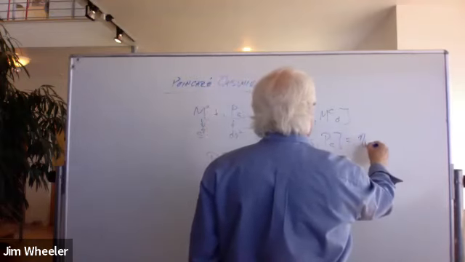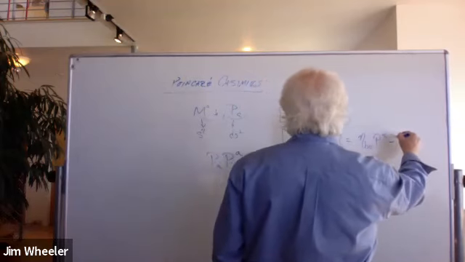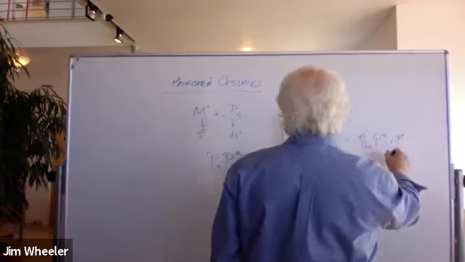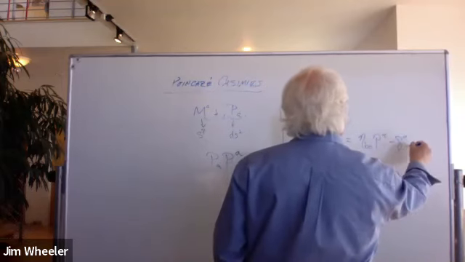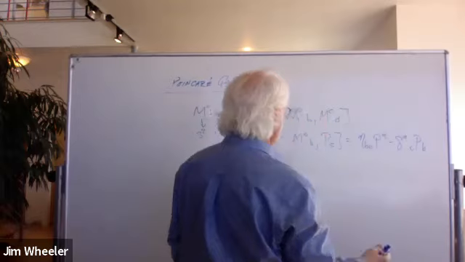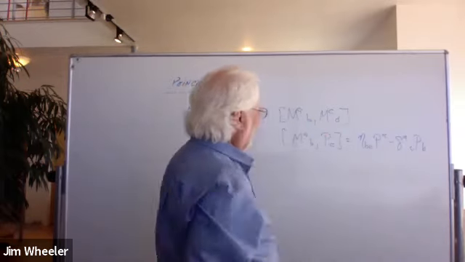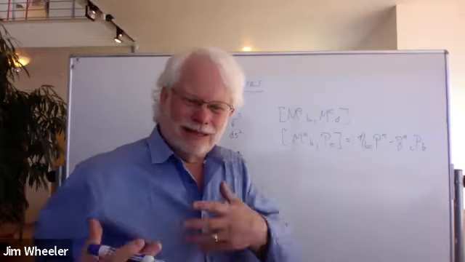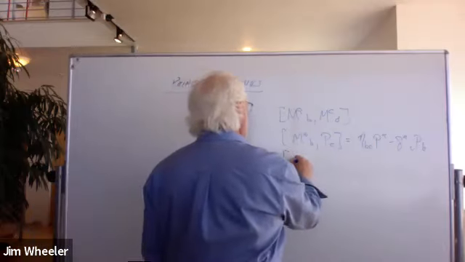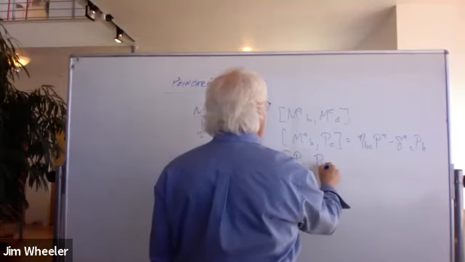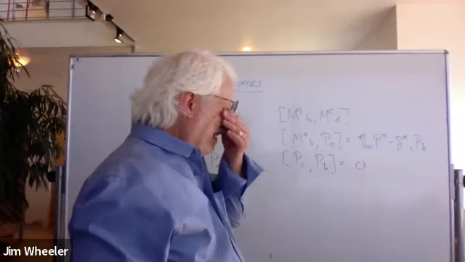In fact, it's eta with delta, anti-symmetrizing AB here, but it's linear in P. And then the P's all commute. You know that translations commute. So this is the Lie algebra of the Poincare group.